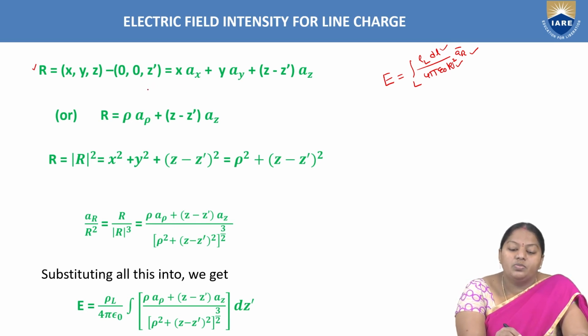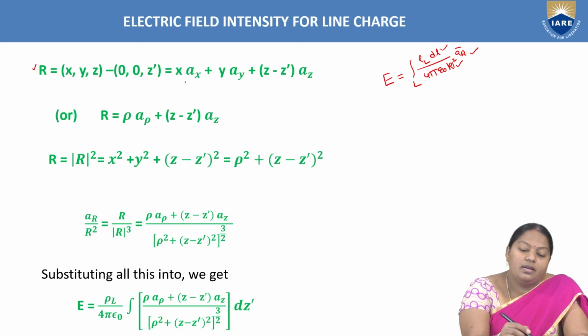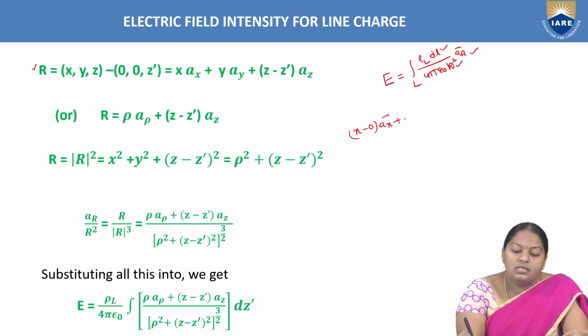How will we find the distance between two points? As we know, x1 minus x2 into ax plus y1 minus y2 into ay plus z1 minus z2 into az. So like that, if you find the distance, from these two we get x minus 0 into ax plus y minus 0 into ay plus z minus z dash into az.